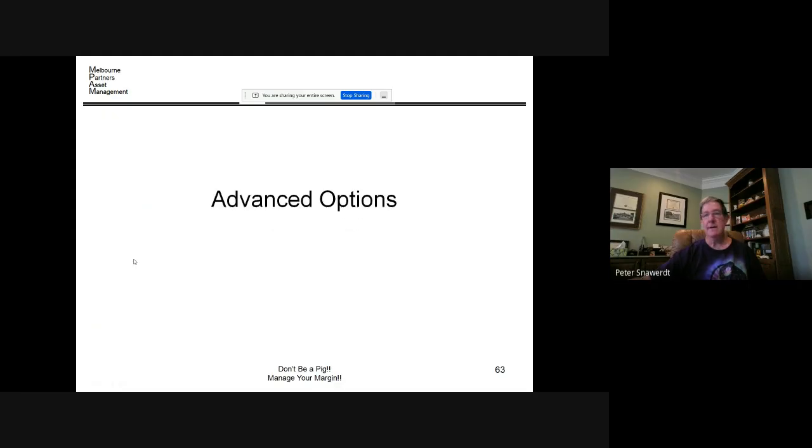All righty. So we covered, basically up to this particular point, the basics of what an option is and how they work, and what happens at expiration and other things like that. Now we're going to get into a little bit more detail. The mathematics gets a little bit harder here.